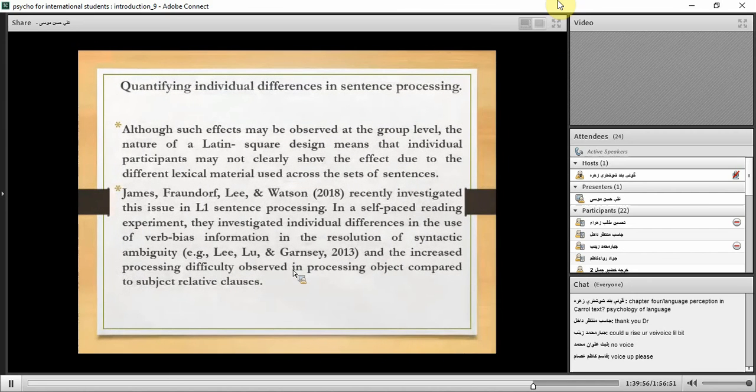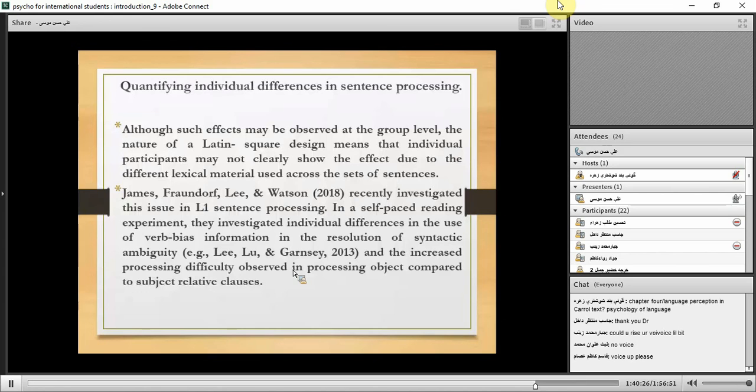Although such effects may be observed at the group level, the nature of the Latin square design means that individual participants may not clearly show the effects due to the different lexical materials used across the sets of sentences.